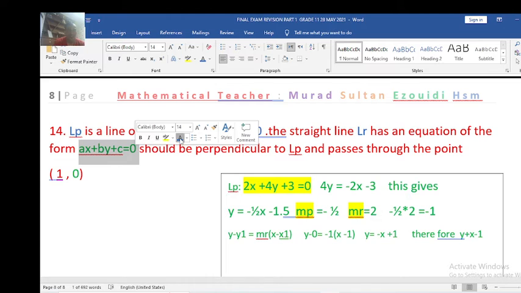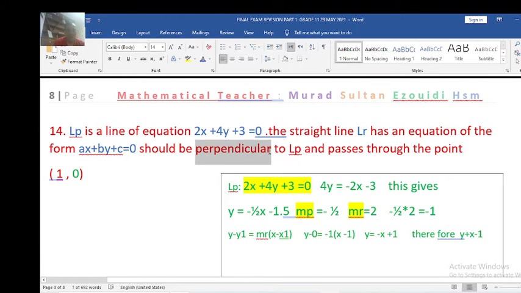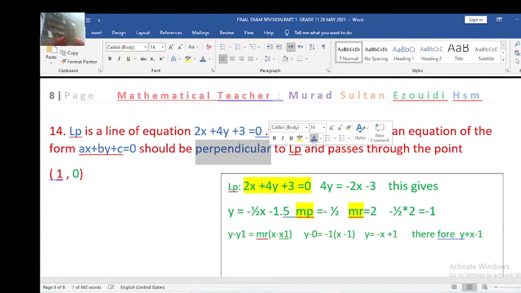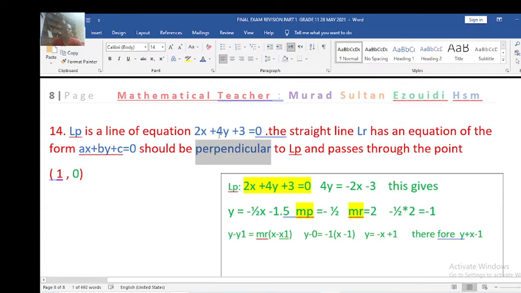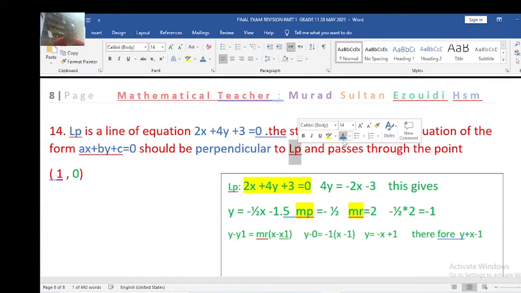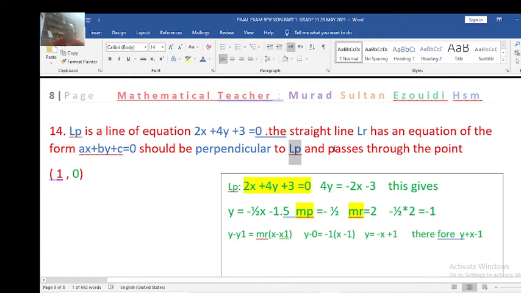These two lines have to be perpendicular. So we are going to find the gradient of the first equation after rearranging and making y the subject. The second line should pass through the point (1, 0). This is x1 and this is y1.